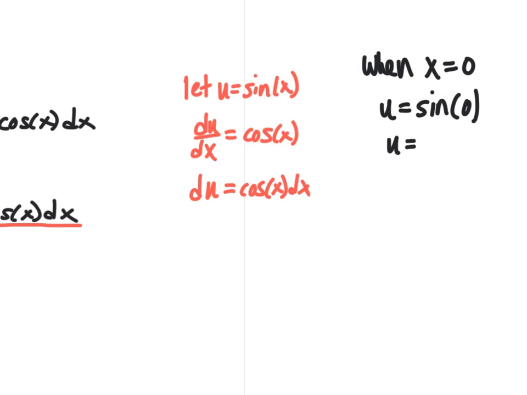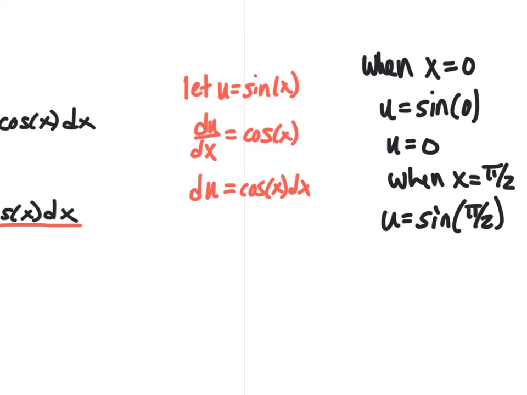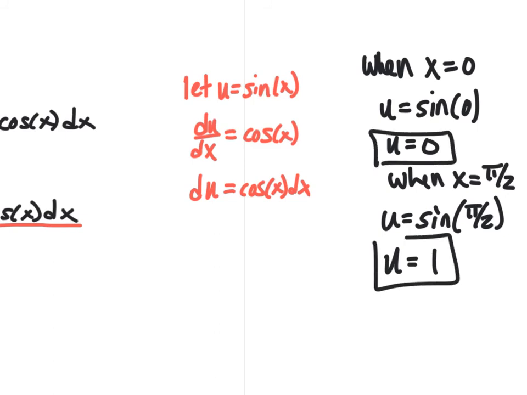So u is equal to 0. And then when x equals pi over 2, u is equal to sine of pi over 2. So I plug in x, find u, and I get that u is equal to 1. So I change my bounds from 0 to pi over 2 just to 0 to 1.